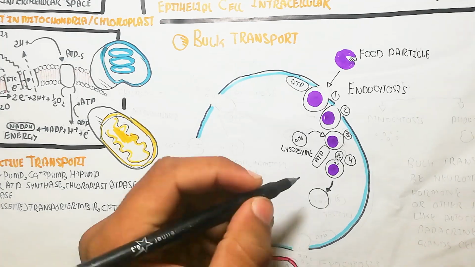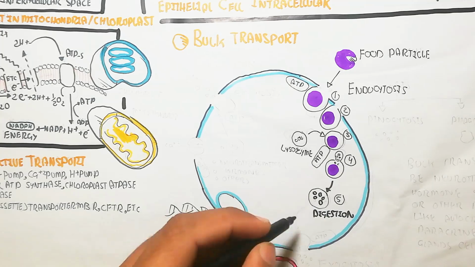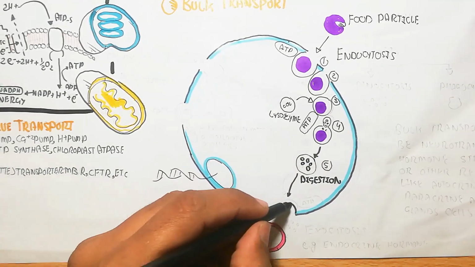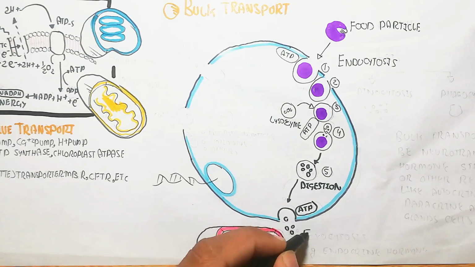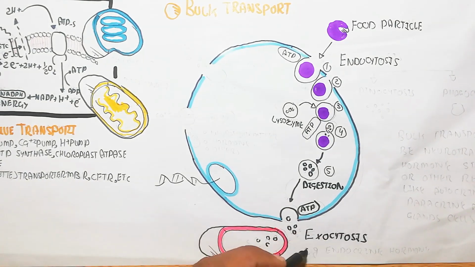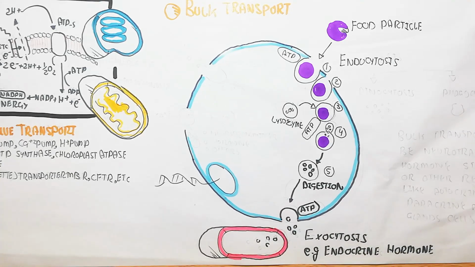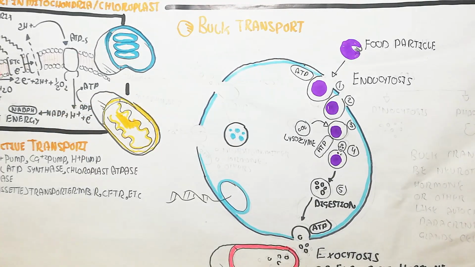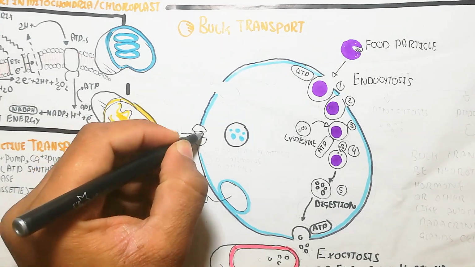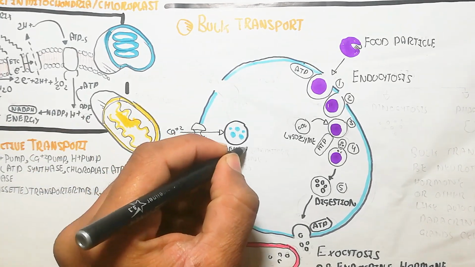Exocytosis is the best example for endocrine hormones like glucagon, insulin and growth hormone. On the other hand, adrenaline and noradrenaline, a lot of hormones and steroids, as well as neurotransmitters. That was food after digestion going to exocytosis, but here is another case, the neurotransmitter.